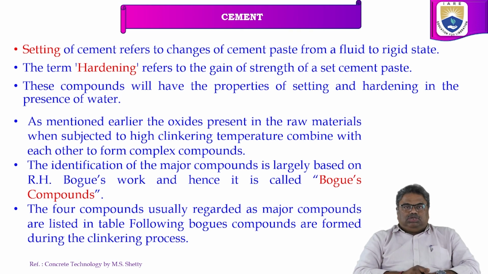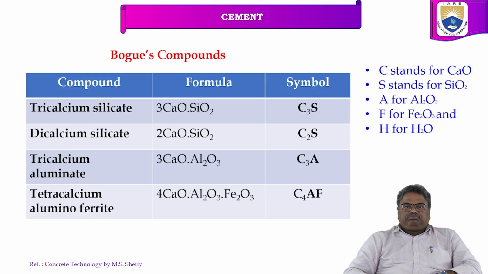There are four compounds usually regarded as major compounds, listed in Bogue's compounds, formed during the clinkering process. They are tricalcium silicate, dicalcium silicate, tricalcium aluminate, and tetracalcium aluminoferrite.